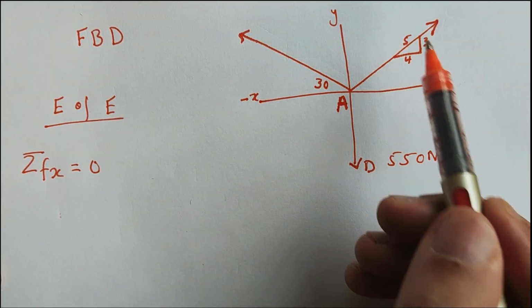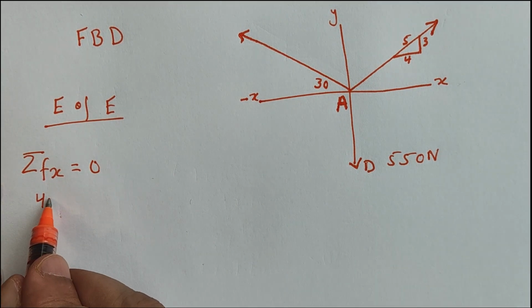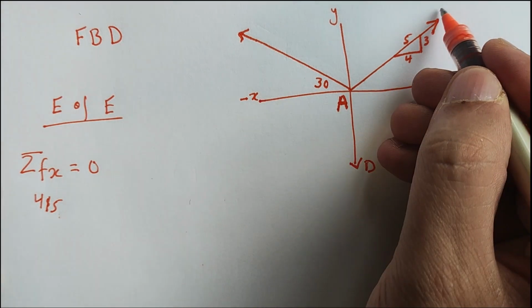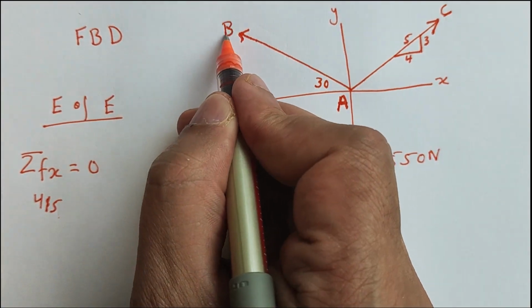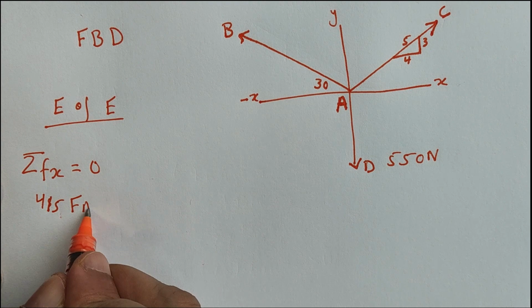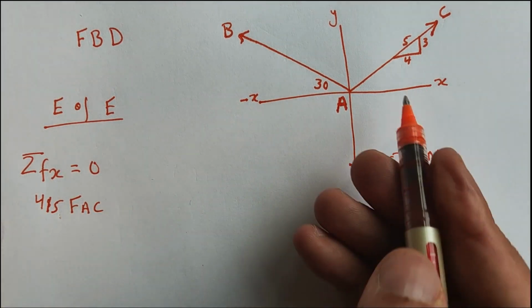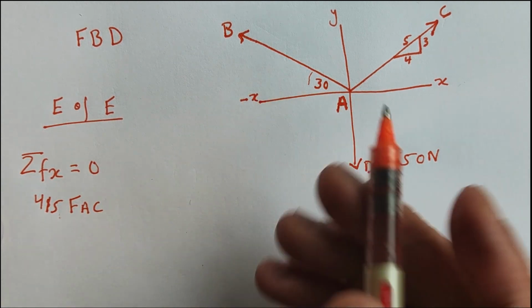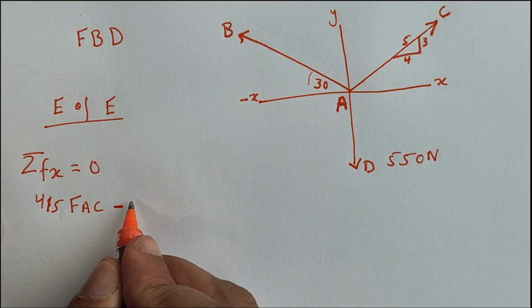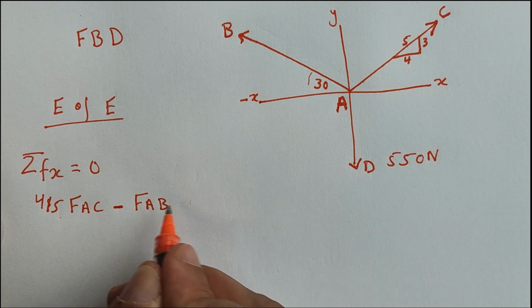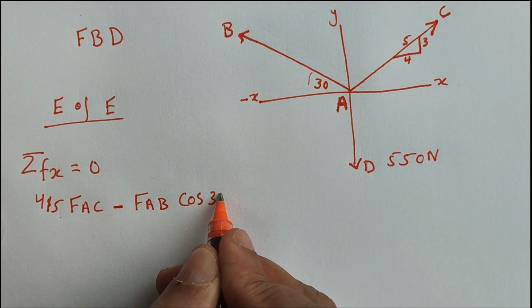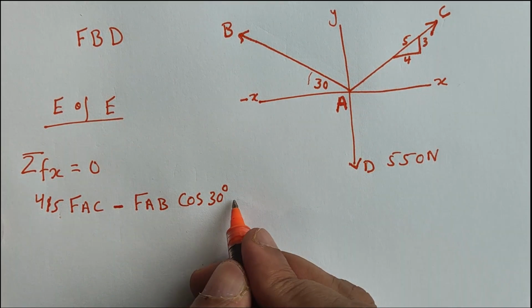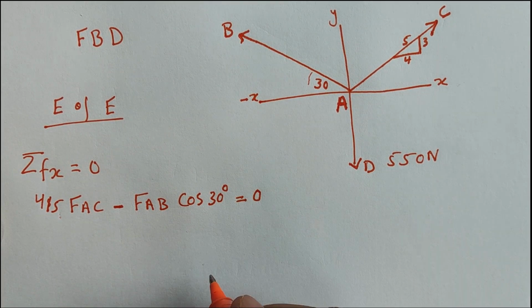For our X axis we have 4 over 5 FAC, and on the negative X axis we have FAB cos 30. Downwards we don't have anything on the X axis. That all should equal 0.